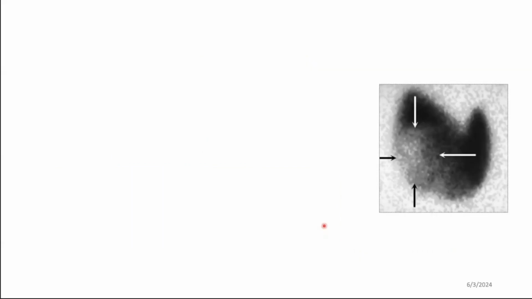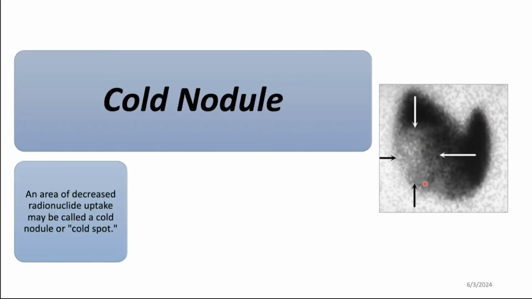On the other hand, if we see a nodule with decreased uptake, this is an example of a cold nodule. It retains much less radiotracer compared to the rest of the thyroid gland. This is a cold nodule.